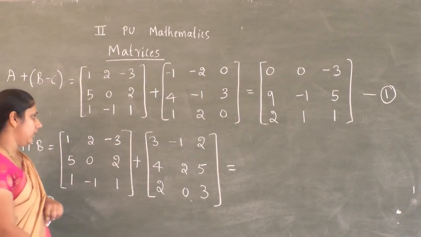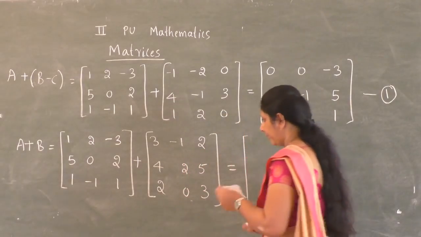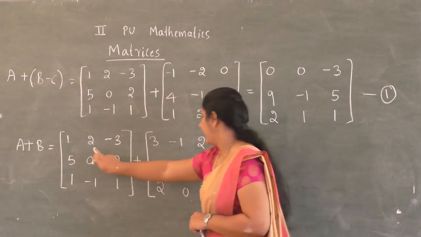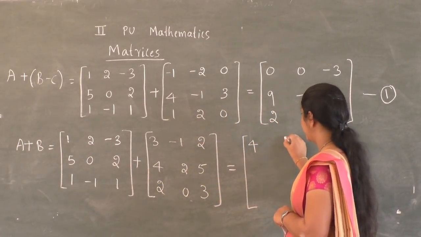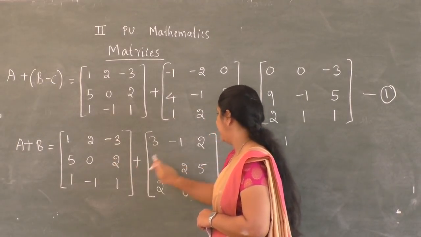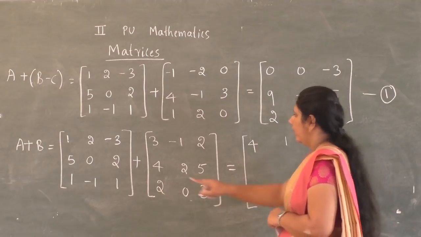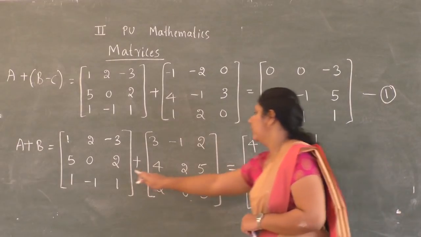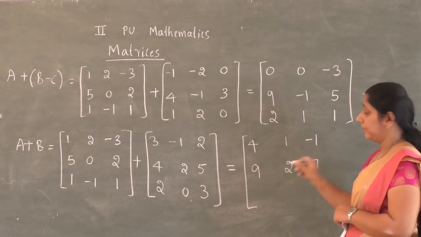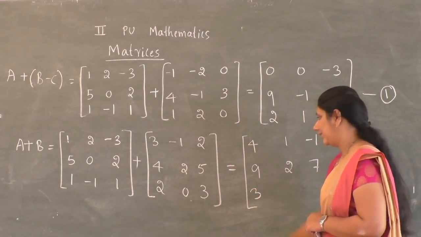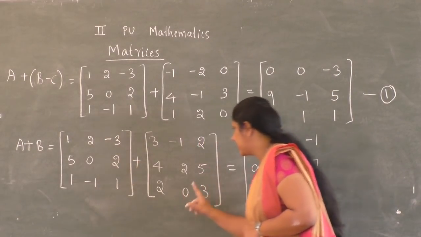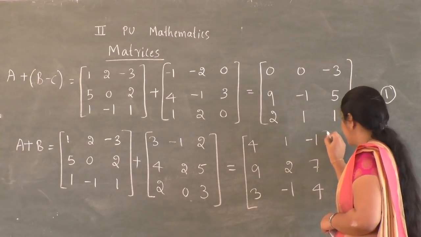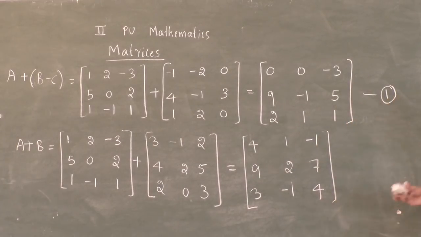Again you have to add the corresponding elements, that is 1 plus 3, 4, 2 plus minus 1, that is 2 minus 1, 1, minus 3 plus 2, minus 1, 5 plus 4, 9, 0 plus 2, 2, 2 plus 5, 7, 1 plus 2, 3, minus 1 plus 0, minus 1, and 1 plus 3, 4. So this is matrix A plus B.